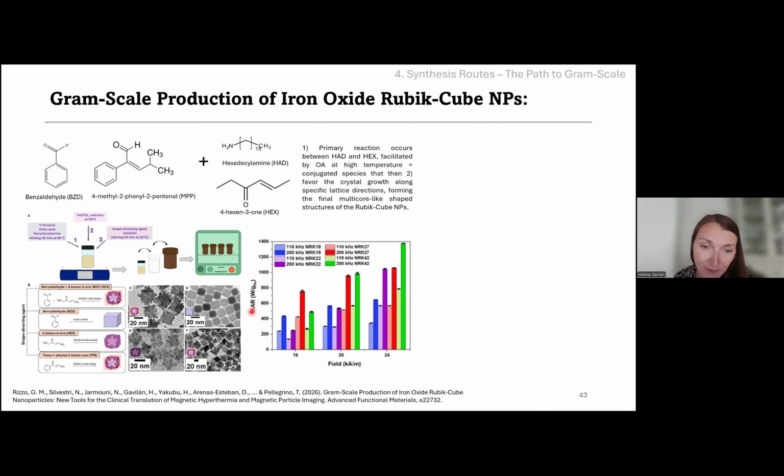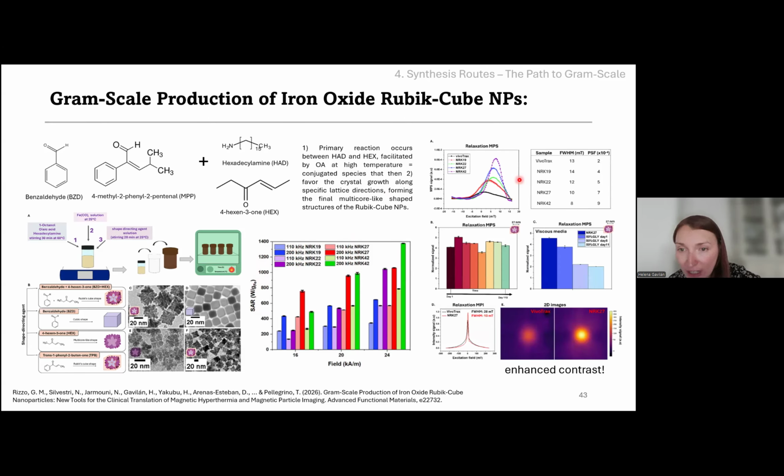These are the SAR values of these Rubik-like nanoparticles. Here we obtained Rubik-like particles from 19 to 42 nanometers, and we can see really high values of the SAR with mild frequencies that are acceptable for biomedical applications.